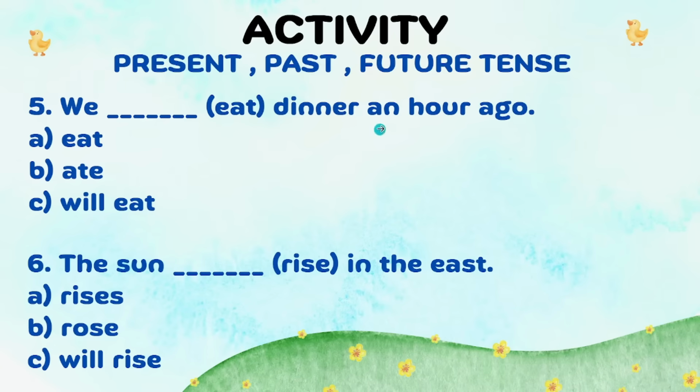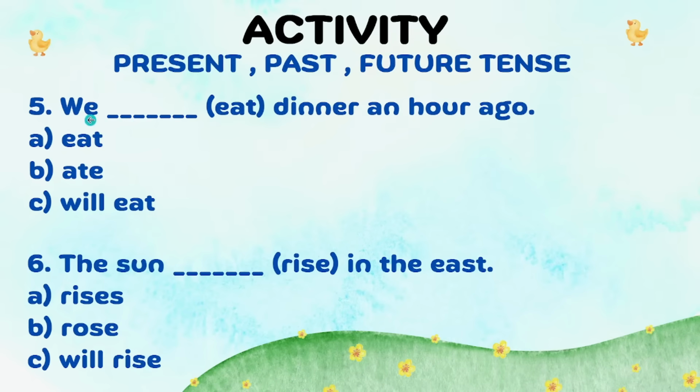Here, it says an hour ago. Okay, for the word ago, an hour ago, meaning it already happened in the past. Okay? So, maybe it happened an hour ago. Now is 11 o'clock. So, it happened maybe 10 o'clock.